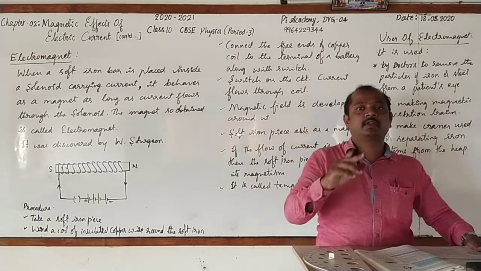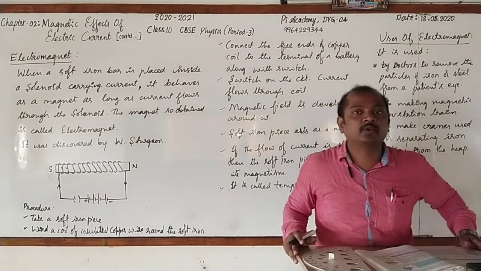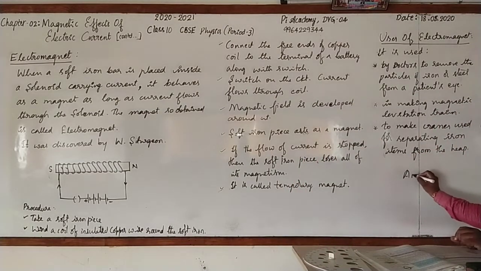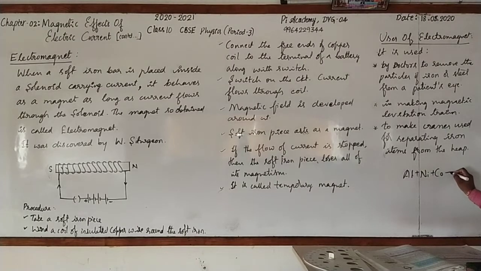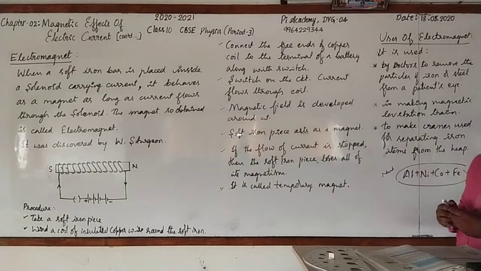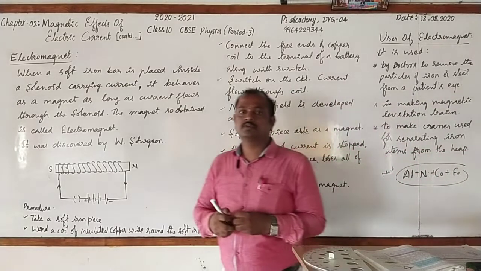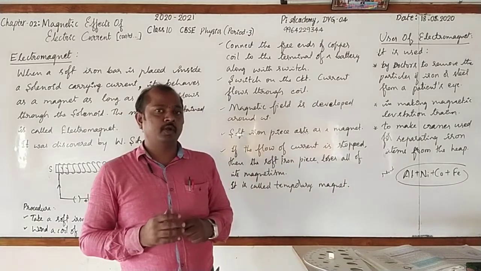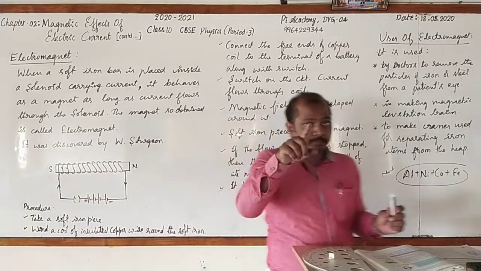Yes, you are right. It is alnico. See how that word is written? Alnico. That means aluminium, nickel, cobalt plus iron. These are the materials to be added to the natural magnet to give it strength, so that we can cut it into whatever shapes we want. Okay, please do remember that.